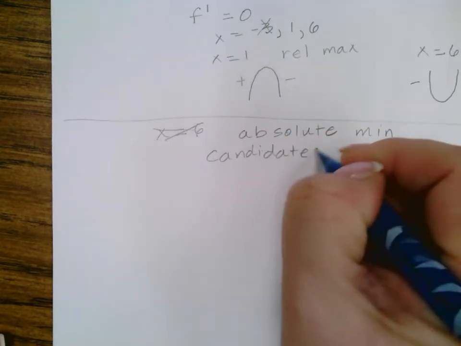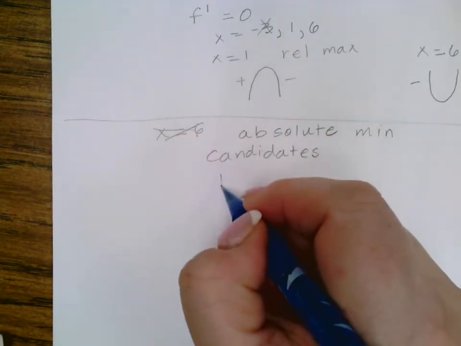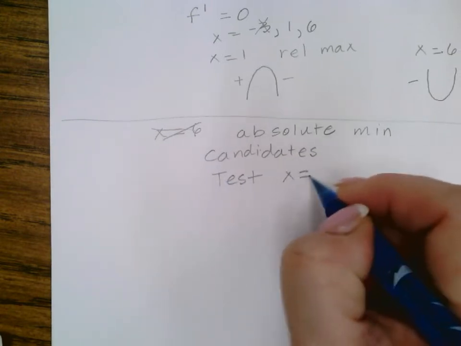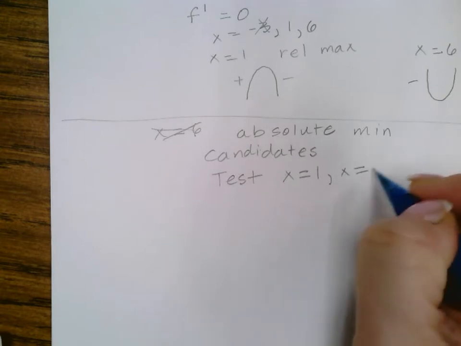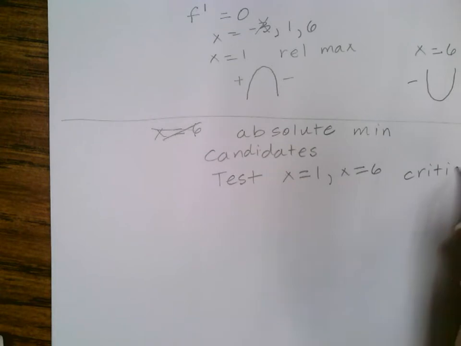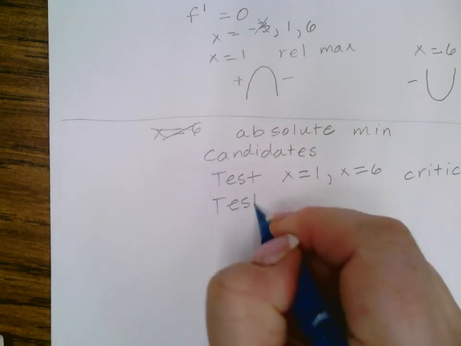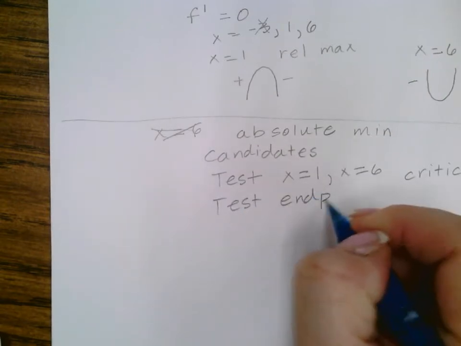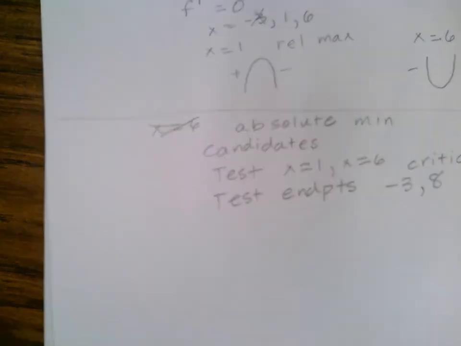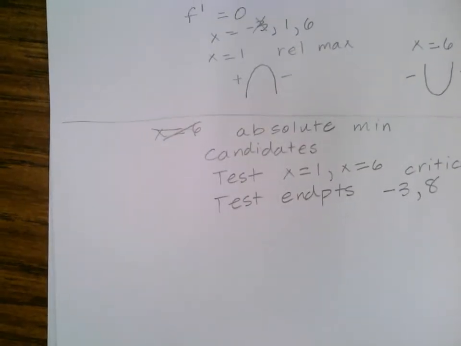You have to test the critical points, which would be x equals 1 and x equals 6. And you also have to test the endpoints, which are -3 and 8. That's an absolute requirement for finding an absolute min or max.